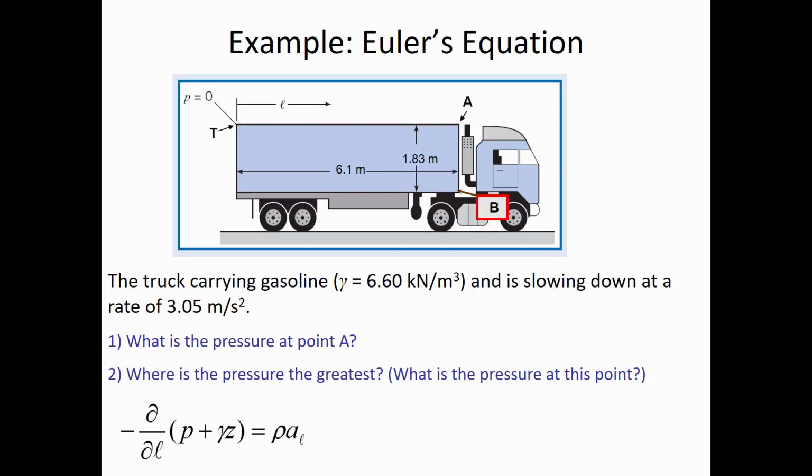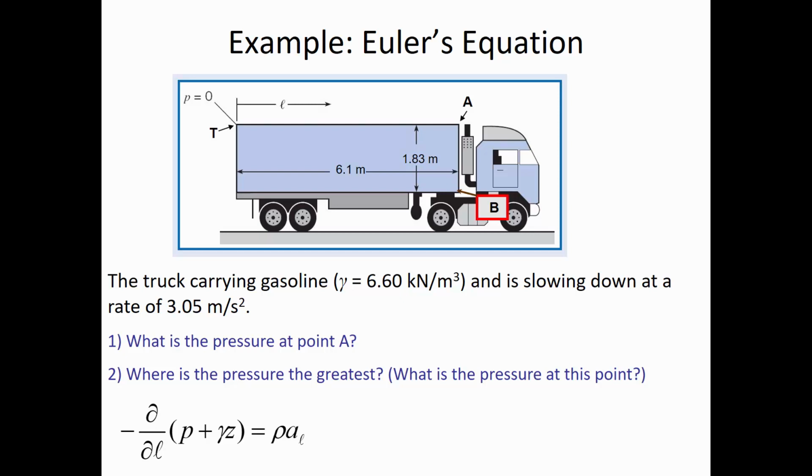And so location 2, when we use Euler's equation, is going to be A, because it's further to the right. In problem 1, we're comparing what's going on at location A to what's going on at location T. So A is 2, and location 1 is going to be T.